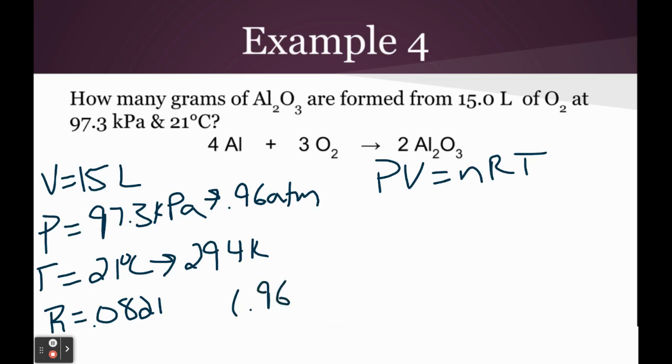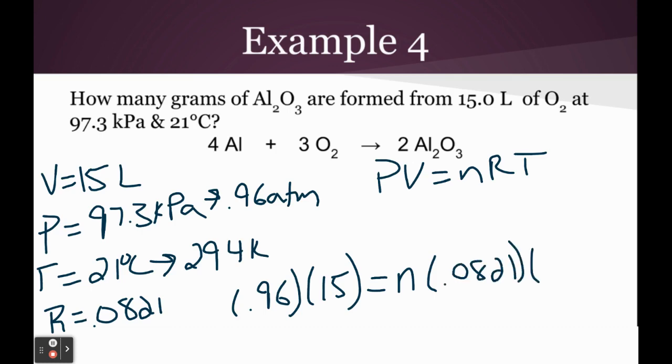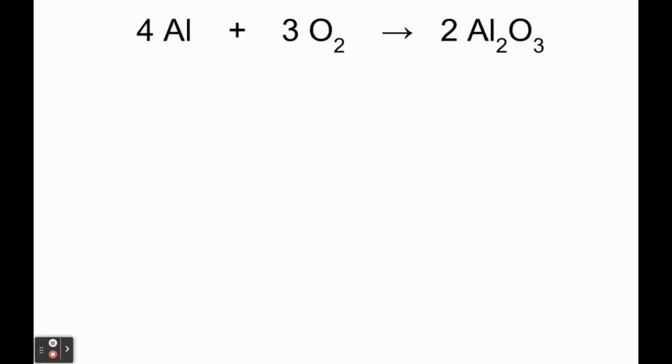So it's 0.96 atm times 15 liters equals n, which is what we're looking for, times the gas constant, times 294 Kelvin. So when you solve for n, you should get 0.597 moles of O2.